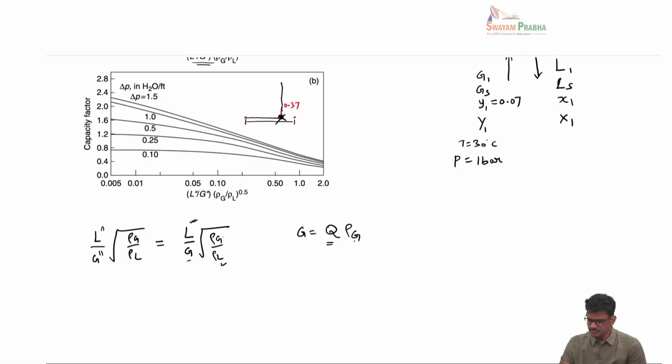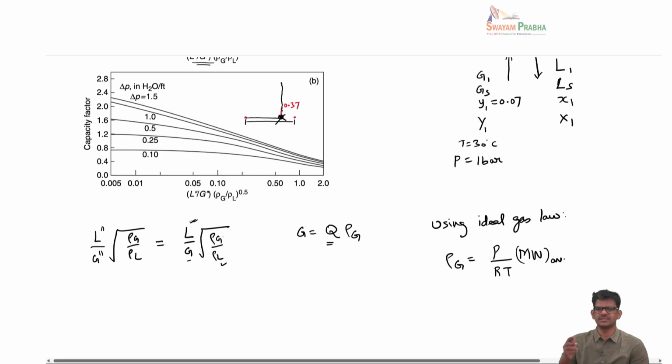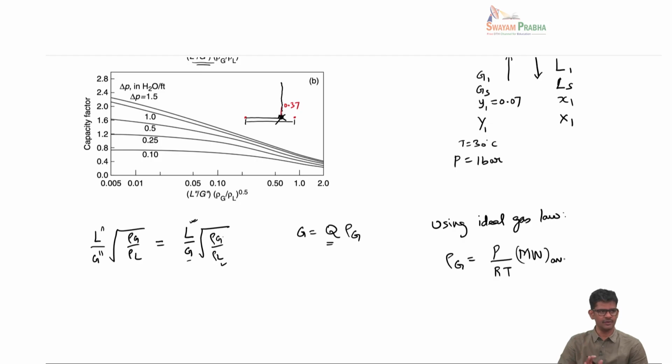So using the ideal gas law, rho G can be calculated as P by RT times the molecular weight. We have to take an average molecular weight because this gas is not pure air, it has both sulfur dioxide as well as air.